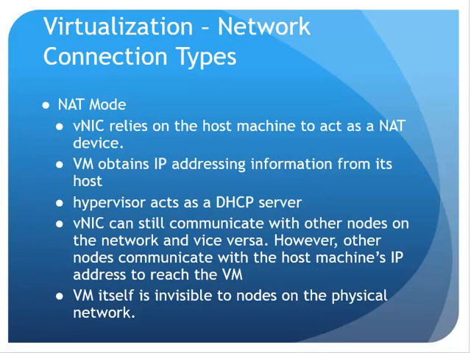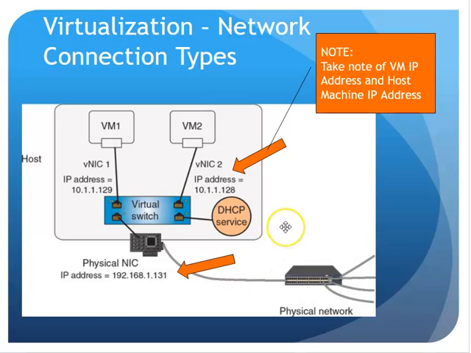The next setting is NAT mode. In NAT mode, the hypervisor actually NATs the connection to the virtual machines. So it actually protects it. The hypervisor has its own, if you will, DHCP server in here. It'll NAT this 1.131 into its own private IP scheme, in this case a 10, and it has its own DHCP server to hand out addresses to this guy, 1.129, 1.128.